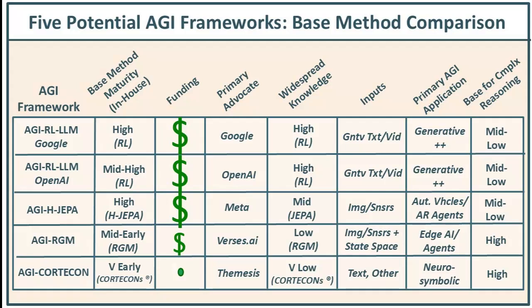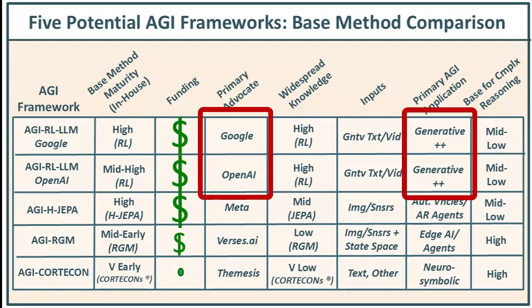Of the four companies with the leading methods, we know that Google and OpenAI are attempting to build inference on top of their generative models, and the likelihood is that within 2025 they will come out with some sort of specialized, very focused AGI, very narrow, but still likely to be useful for certain tasks.